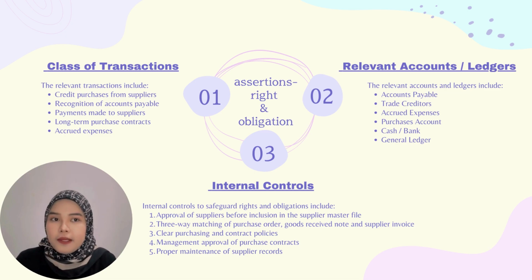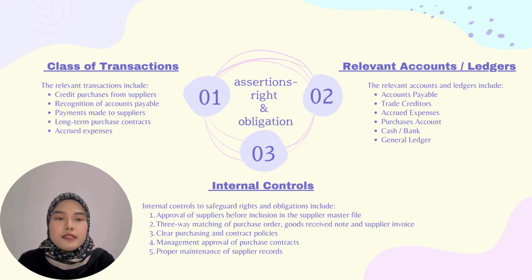The relevant transactions include credit purchases, recognition of accounts payable, supplier payments, and accrued expenses, while the related accounts include accounts payable, trade creditors, accrued expenses, purchases, cash, and the general ledger.